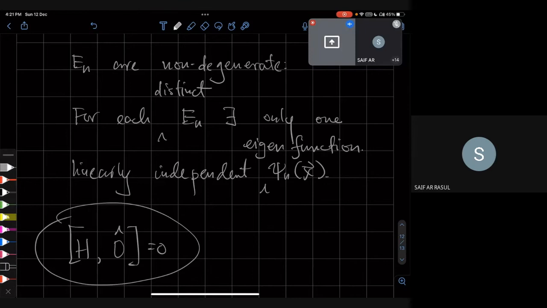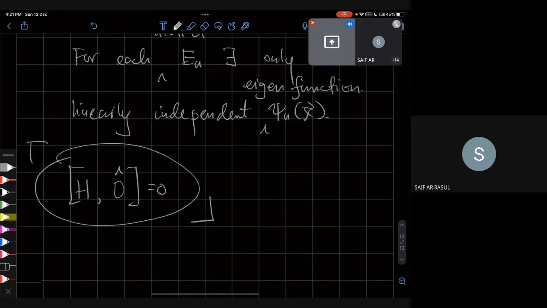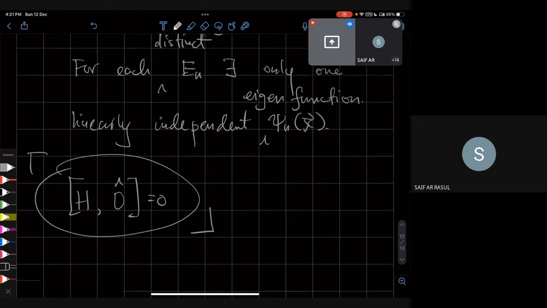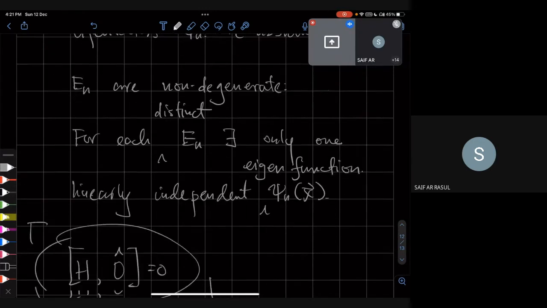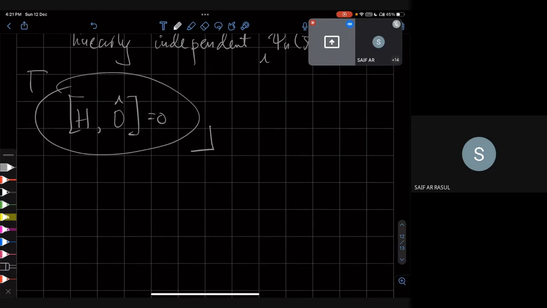Anyway, I'm making this assumption for the sake of simplicity. This is a more complicated thing that we will come to some other time. So we are assuming that these eigenvalues are non-degenerate, which means that for each value of En, there is one and only one linearly independent eigenfunction psi n.